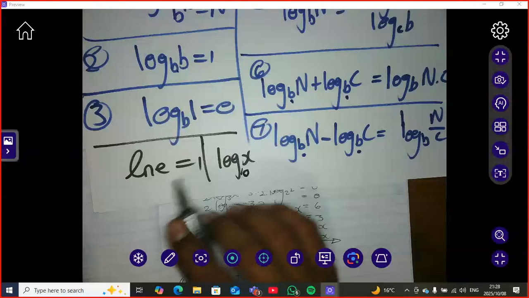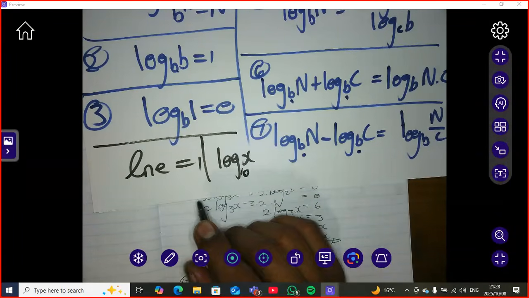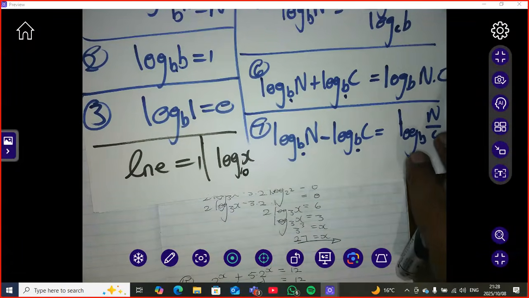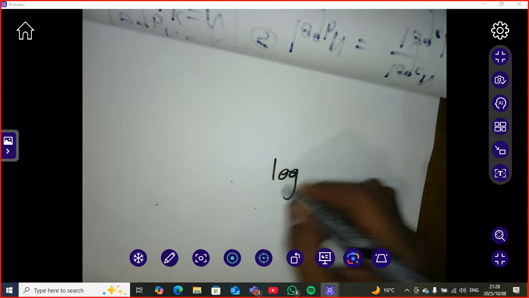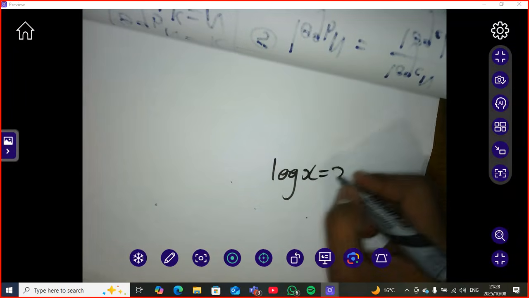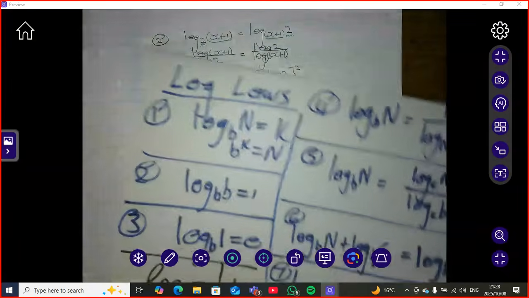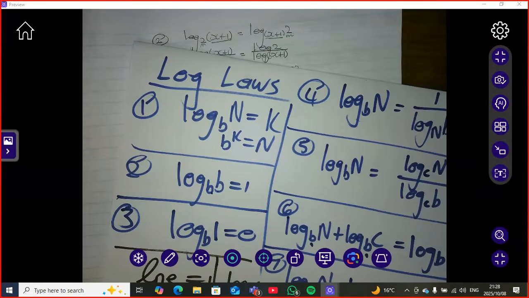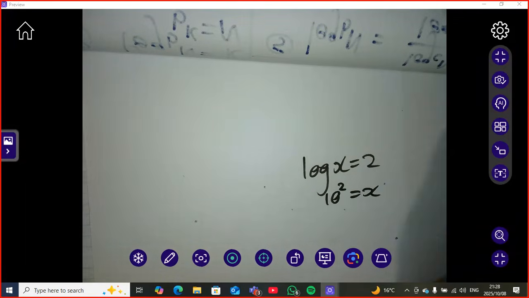Even if it's not written, it's a 10. You must know it's a 10. So if I have log x there and a 2, and I want to simplify that using rule 1, I'm going to write it as 10 to the power of 2 equals x, just so you know.